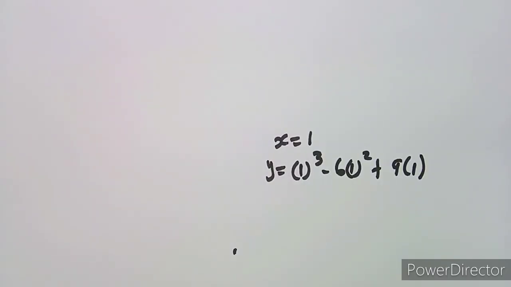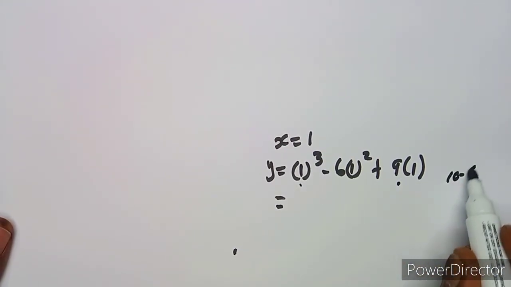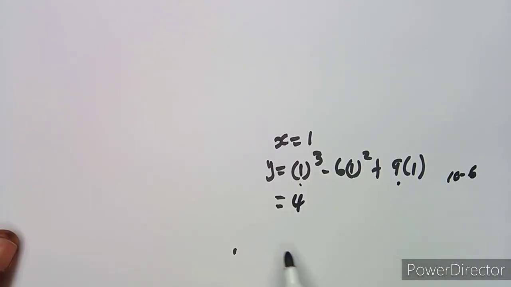So by doing this, we are going to obtain the value of y, which is 1 minus 6 plus 9, that's 10 minus 6, which is 4. So our y is going to be 4.